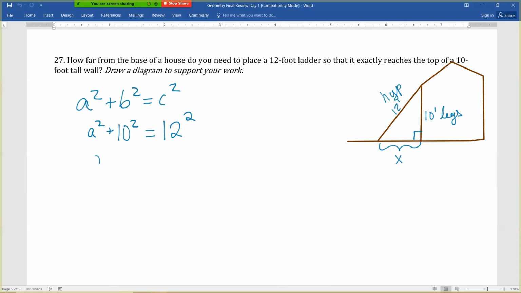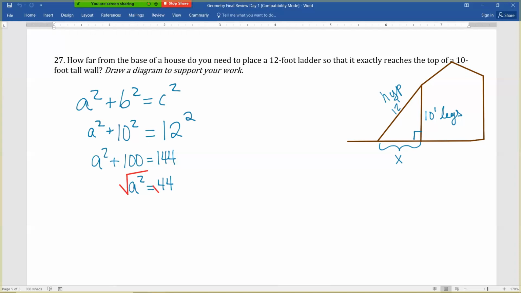Then I'm going to square both terms. 10 squared is 100. 12 squared is 144. So now I have a squared plus 100 equals 144. Subtract 100 from both sides. A squared equals 44. We don't want to know what a squared equals, we want to know what a equals.